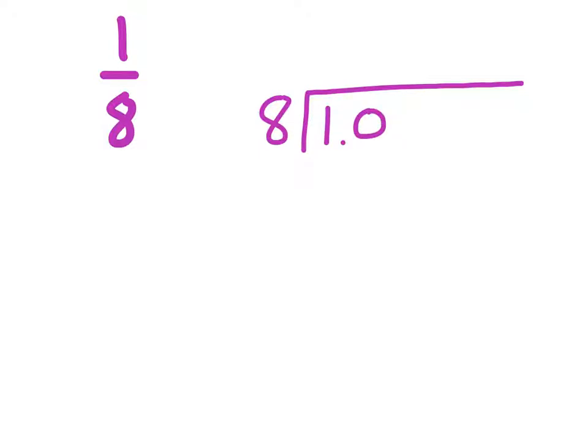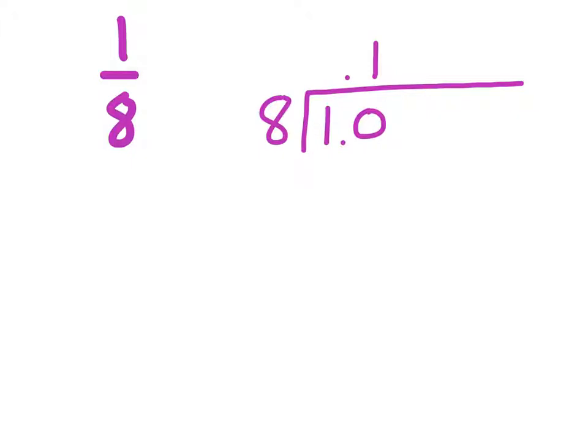Please don't forget to move your decimal straight up and to keep your place values in line. So now we need to do 8 into 10. 8 goes into 10 one time. Make sure that 1 goes above the 0, not above the 1.